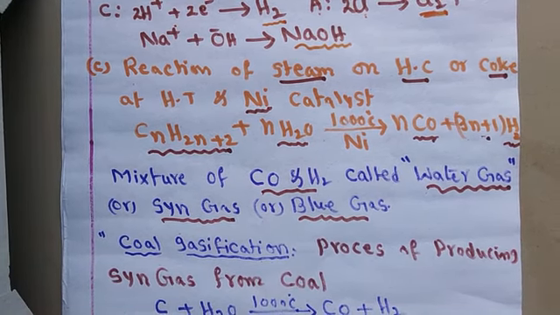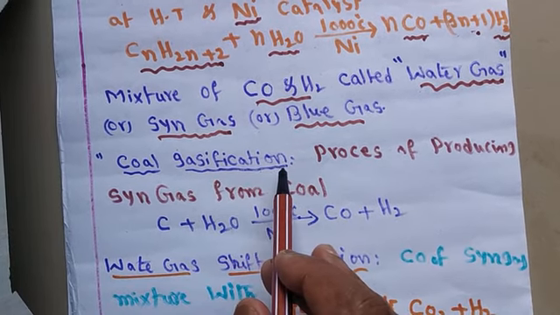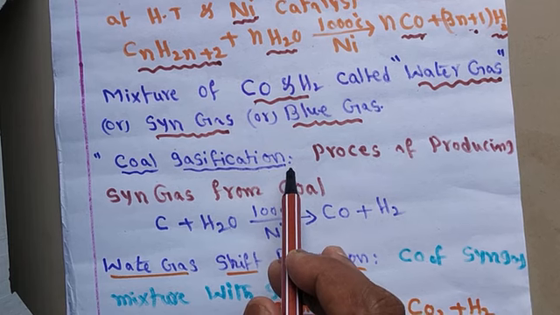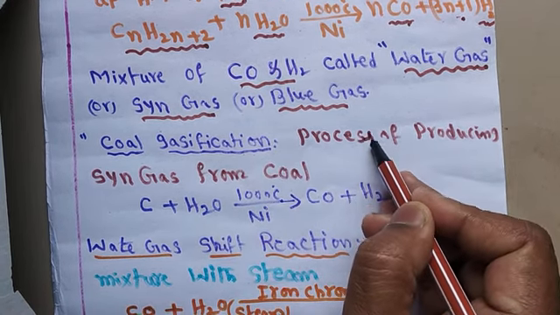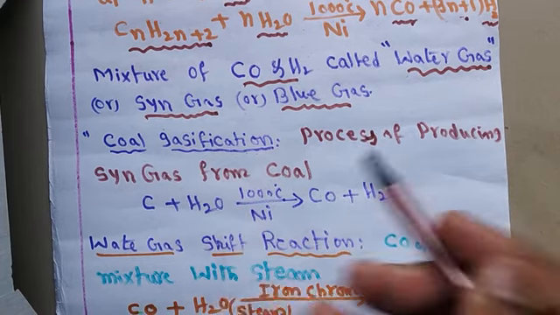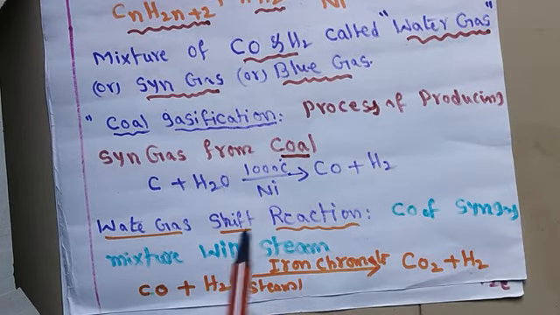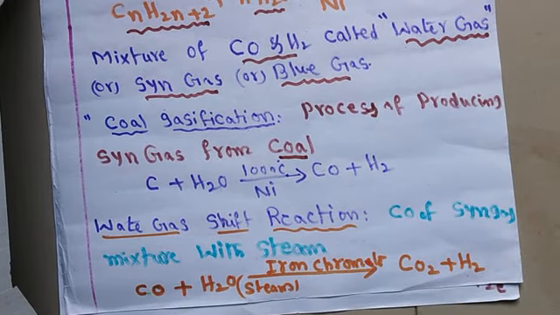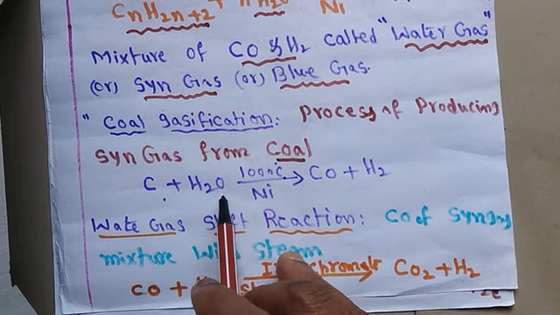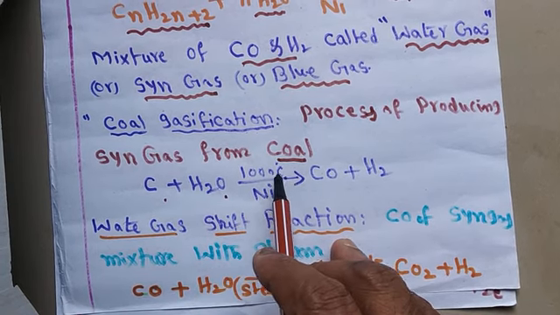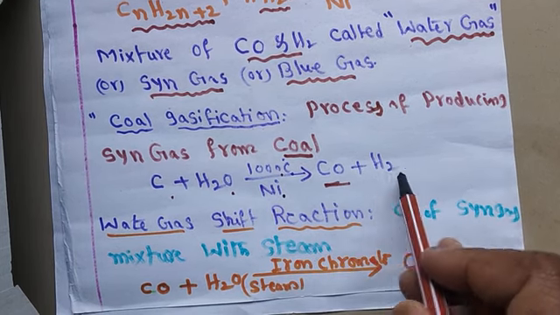Next, children, one more important point: coal gasification. What is meant by coal gasification? Coal gasification means the process of producing syngas from coal. Coal, which is nothing but carbon, is treated with water at 1000 degrees Celsius with nickel to form carbon monoxide and hydrogen.